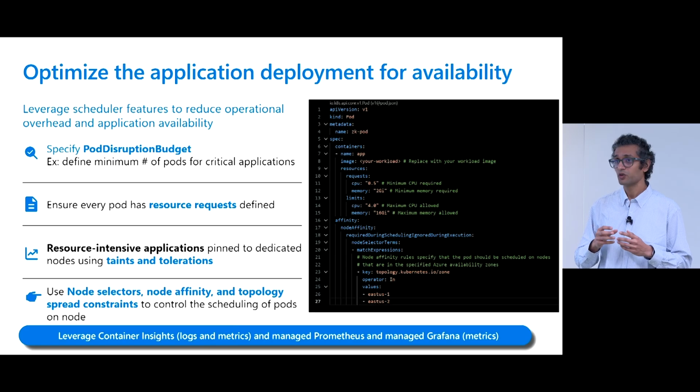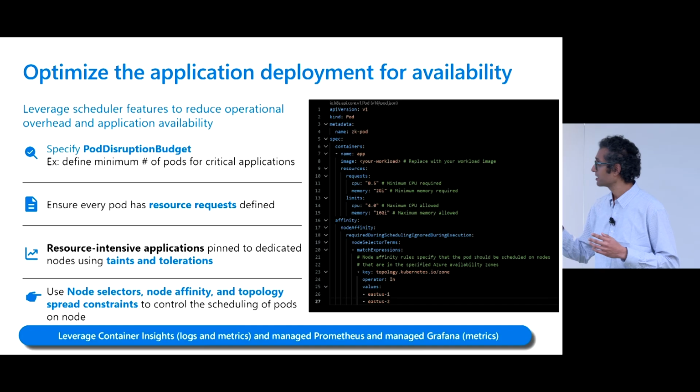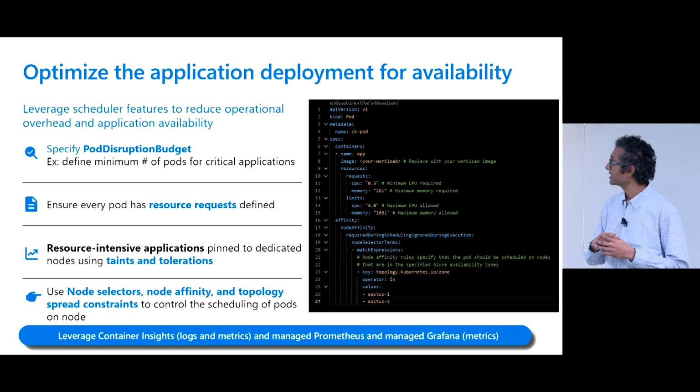It's a way for you to ensure availability of your critical workloads and pods by defining the minimum availability and maximum unavailability. Here is an example. You can set up a PDB, and once it is there, Kubernetes and AKS always honor the PDBs when it comes to evicting workloads and making sure your critical pods are available.